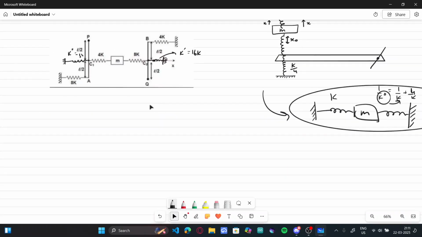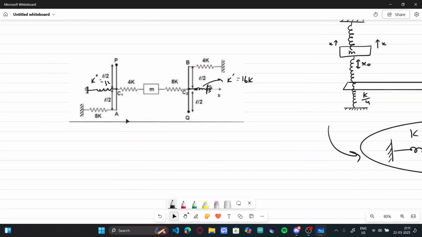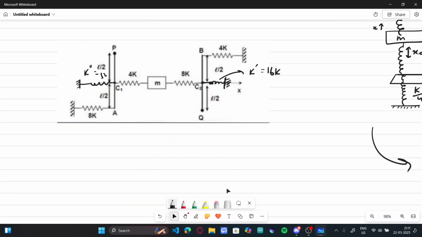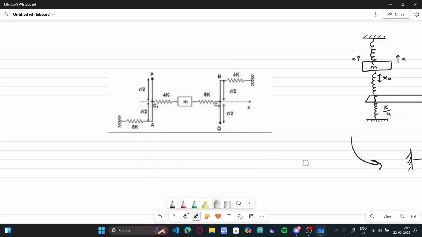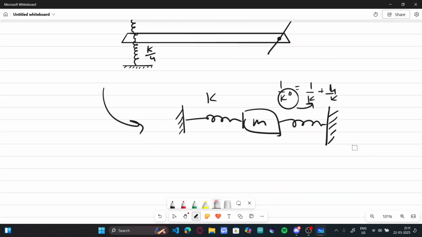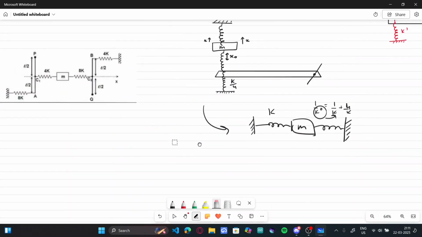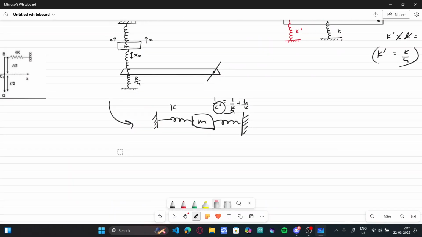And I think that this is really interesting, that this sort of complicated looking problem just boils down to this, which everyone has done in their class at least once.